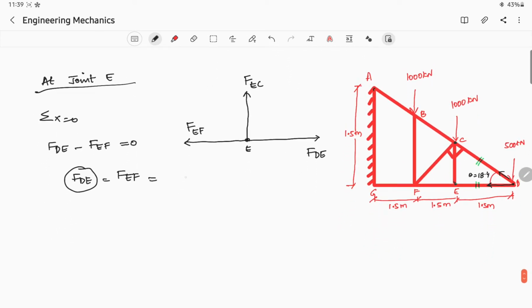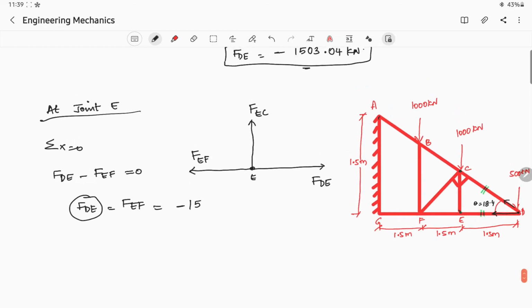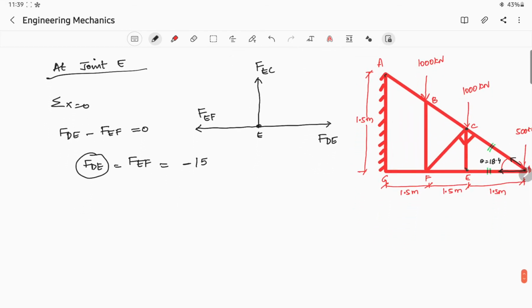So force in member EF will be equal to minus 1503.04 kilonewton. This is force in member EF we have calculated.